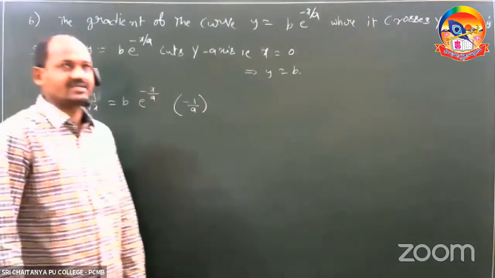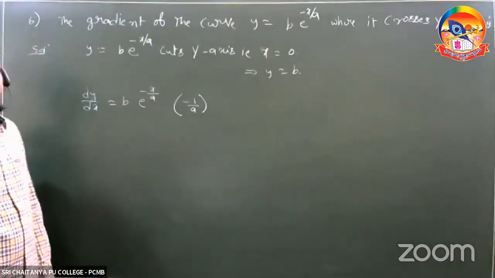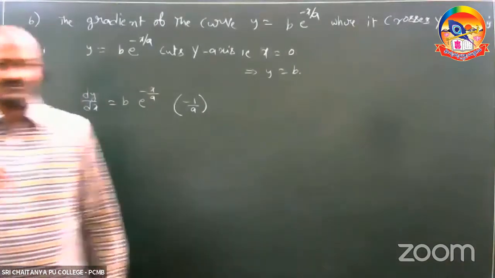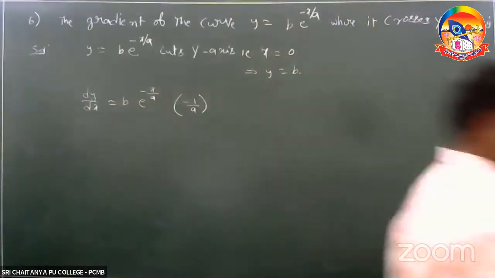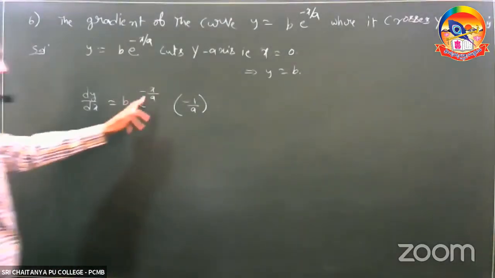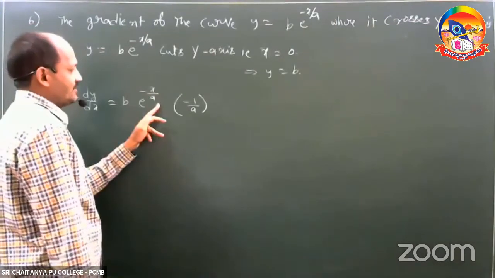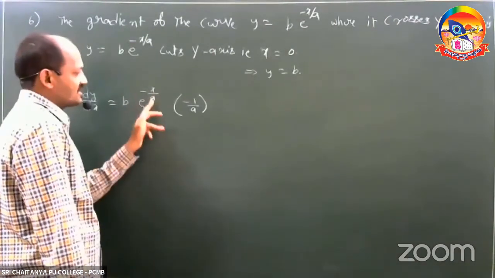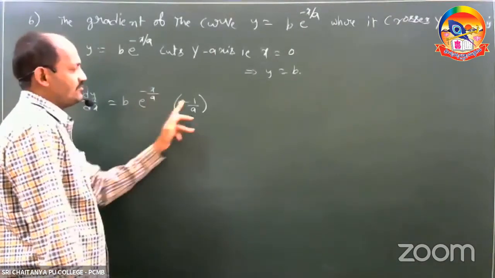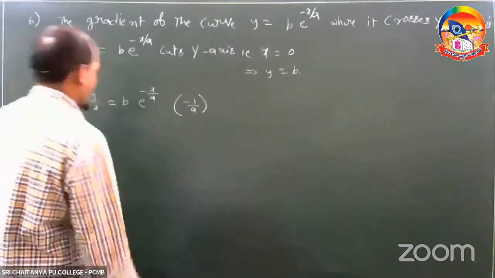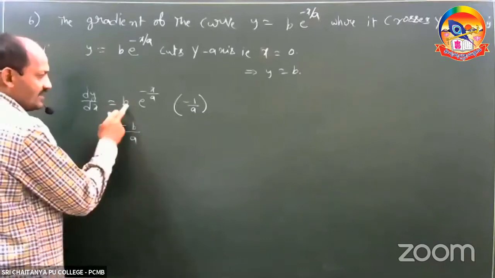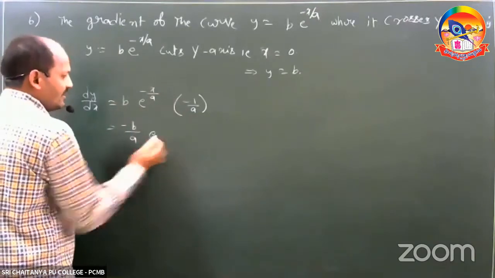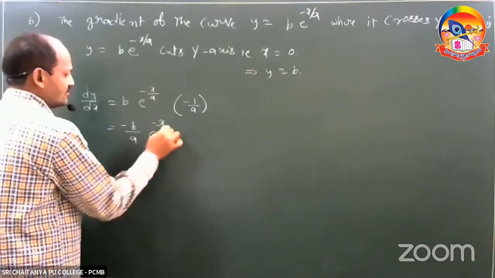The derivative of e power f of x is e power f of x into f dash. So it is minus b by a e power minus x by a.